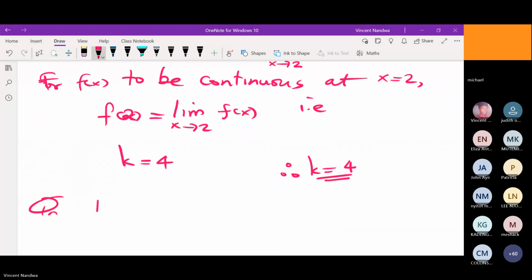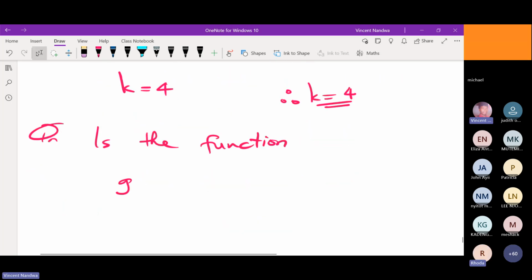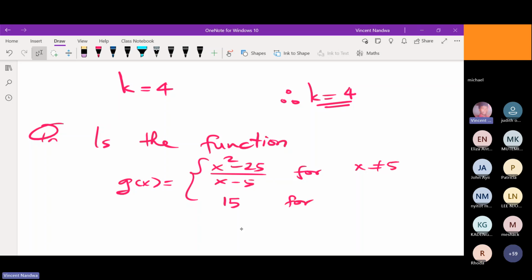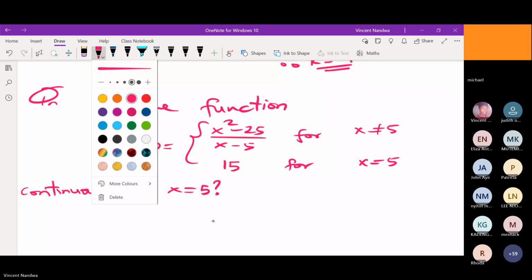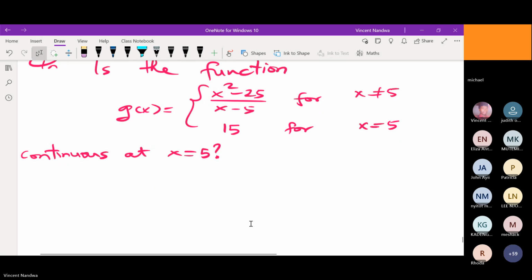So another question: the function g of x is given by x squared minus 25 over x minus 5 for x not equal to 5, and for x equal to 5, it is 15. Is the function g of x, defined piecewise like this, continuous at x equals 5?